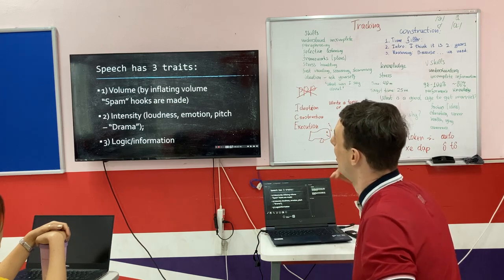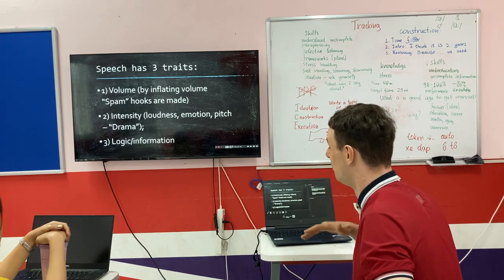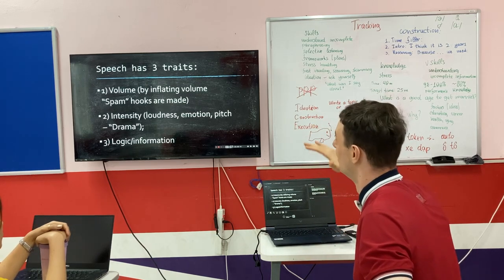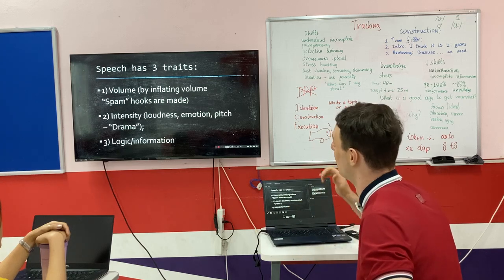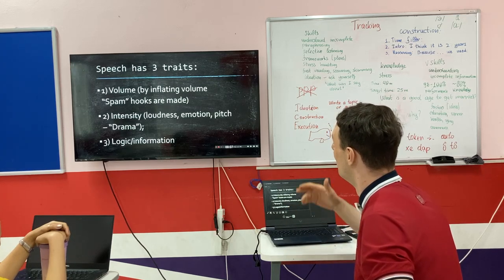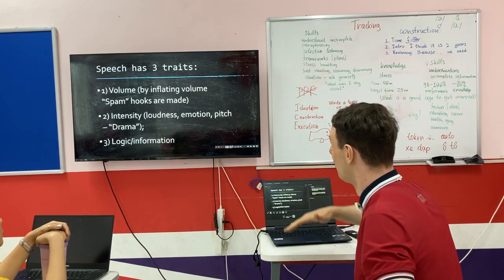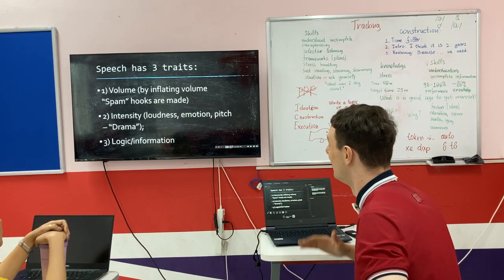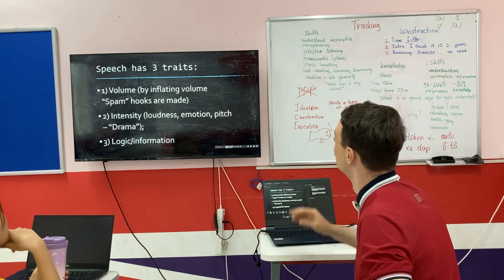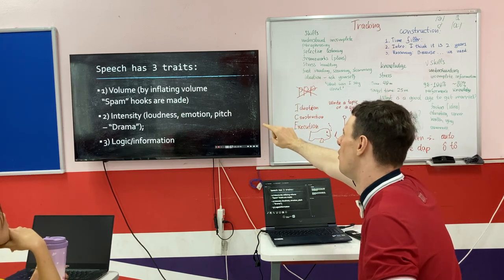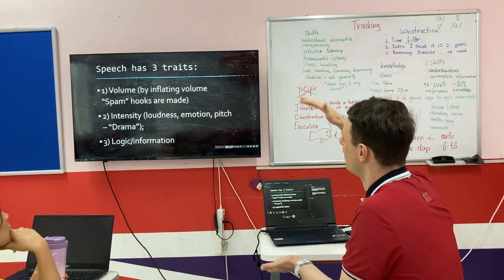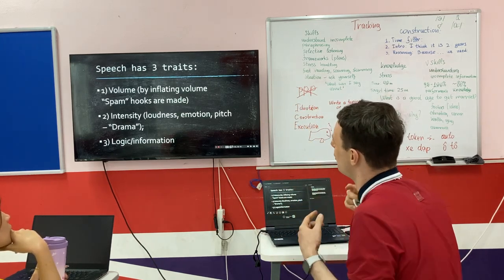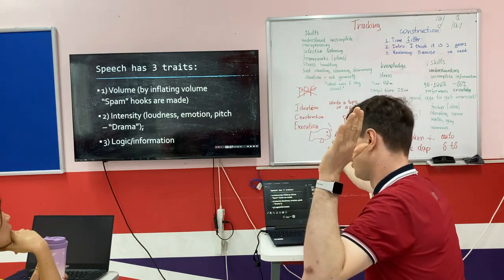When they speak, they speak with different volume, loud, quiet. By inflating volume, the span hooks or drama hooks are made. Sorry, volume here is not the volume of the speech, it's the volume of the text produced.